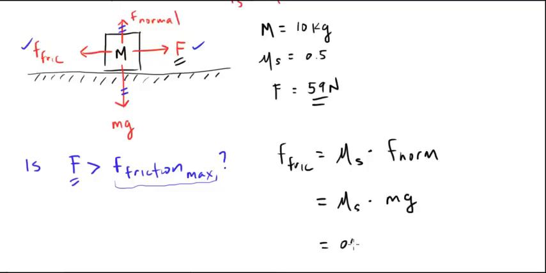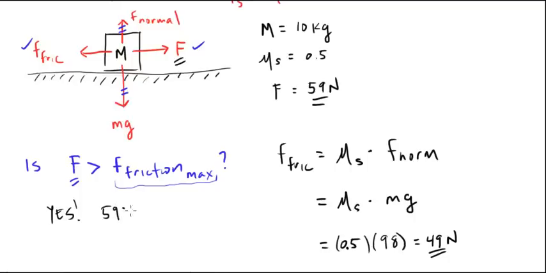That's 0.5 times mg, which is 9.8 times 10, or 98. So this is a force of 49 newtons. This is the maximum value possible for static friction. So is the pushing force bigger? Yes.